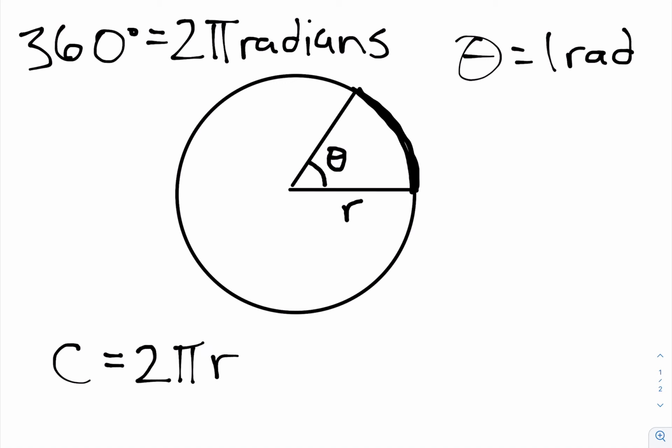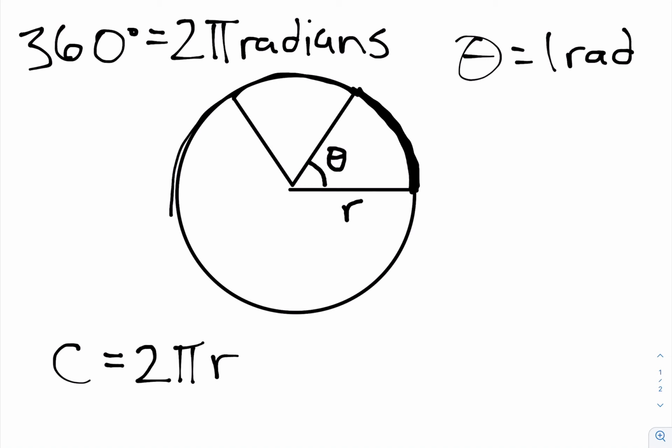So if we take our radius, r, and multiply it by 2 pi, we get the circumference. That fits nicely with this idea that a circle is 2 pi radians, because if our angle theta is 1 radian, and that subtends an arc length of 1 radius, then if we have 2 pi of these radians, so if we have another one here, there's another one.